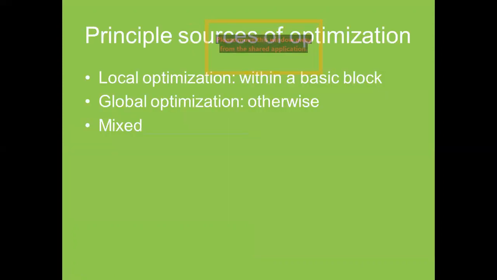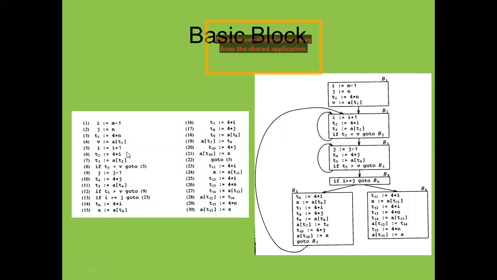And again, you check 5, 6, 7 like this, up to where it is written: if t3 is less than v, go to 5. So here the condition is changing, and now we are using the go to statement, go to 5. Up to 8, the condition is changing, so you define that as B2.